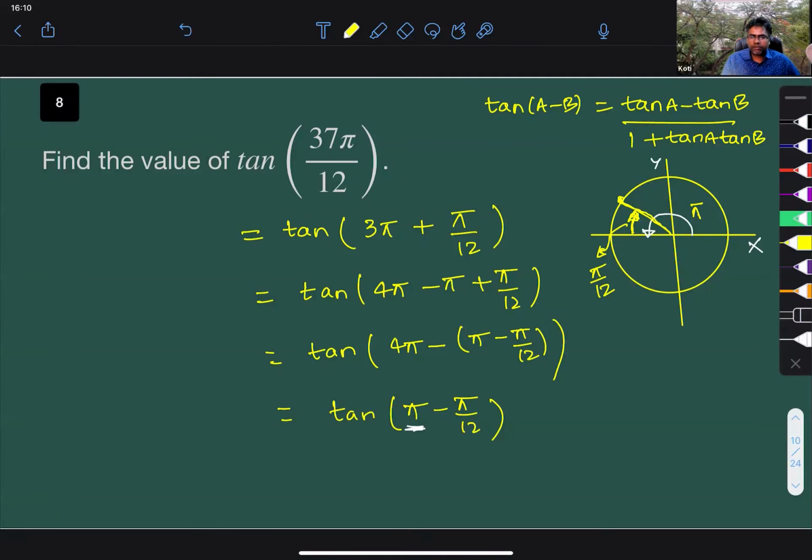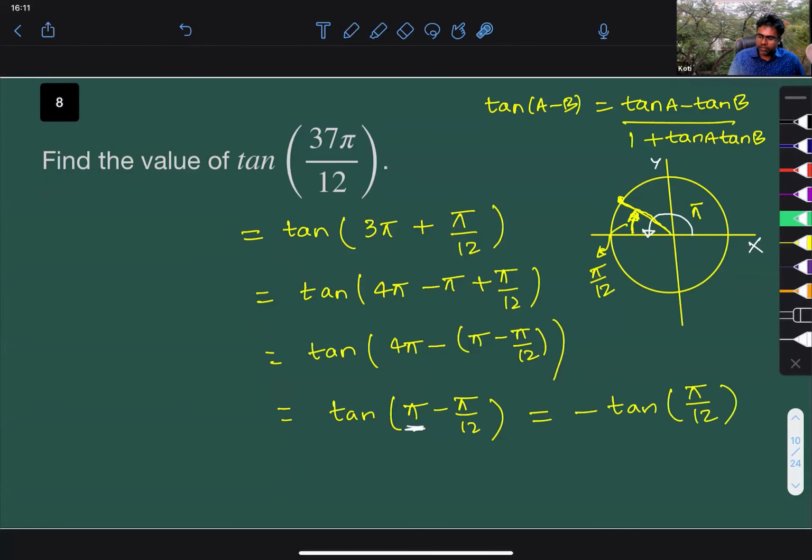So if it comes out negative, can I write this as minus tan pi by 12? But I want you guys to think whether after this step, did I do it correctly?